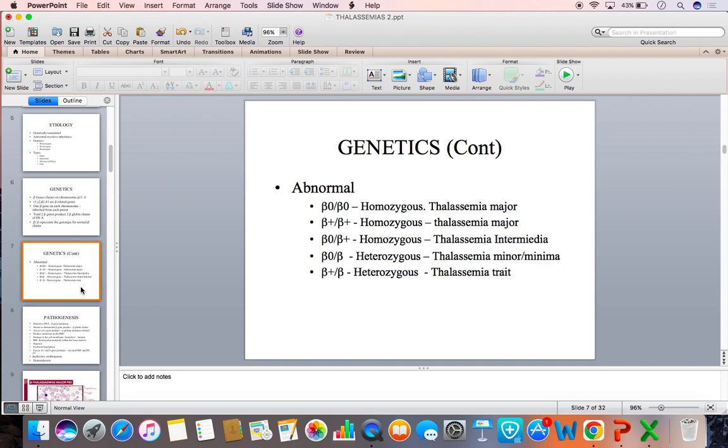Then beta plus and beta, this is again a heterozygous state. It is the feature of thalassemia trait. Okay. So you have got thalassemia trait with beta plus and beta, a heterozygous state, and thalassemia minor or minima with beta 0 and beta. It is again a heterozygous state.